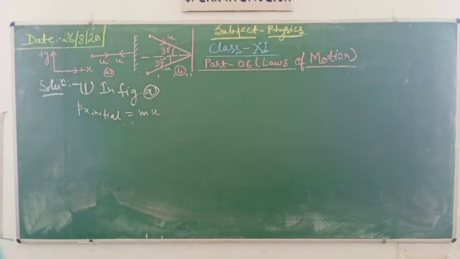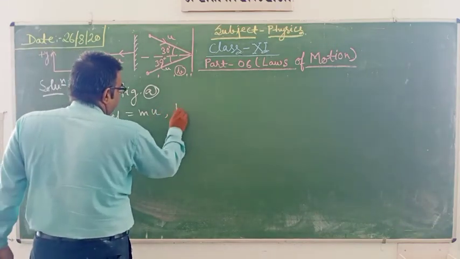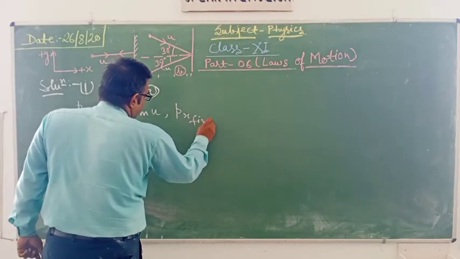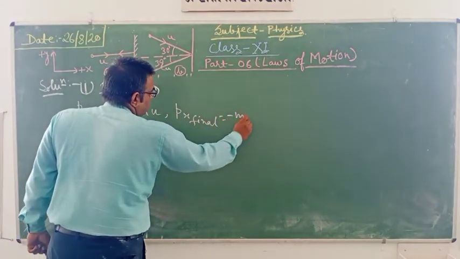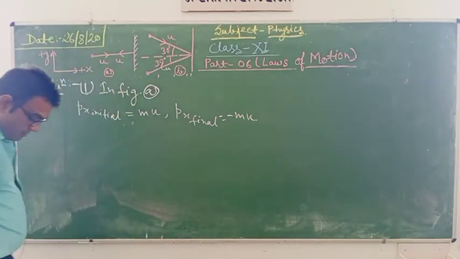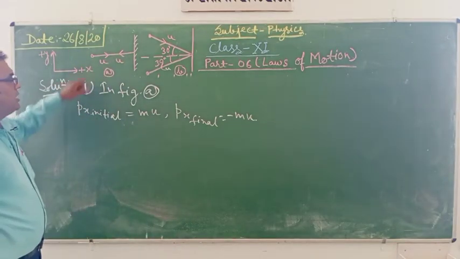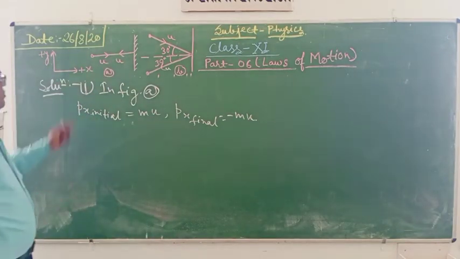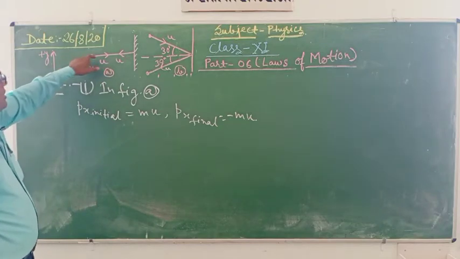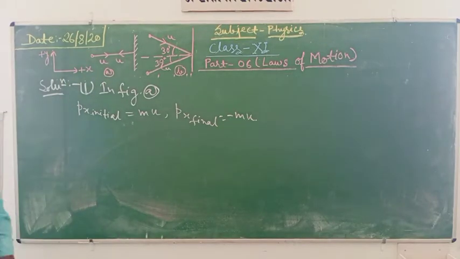Initial momentum is mu, and the final momentum Px final is equal to minus mu, since the direction is opposite to this; this direction is taken as negative and the other direction is taken as positive.